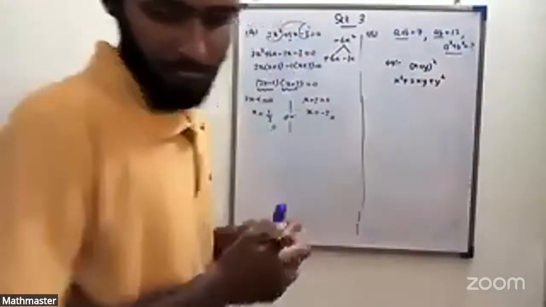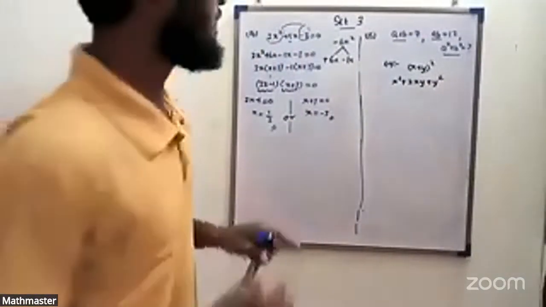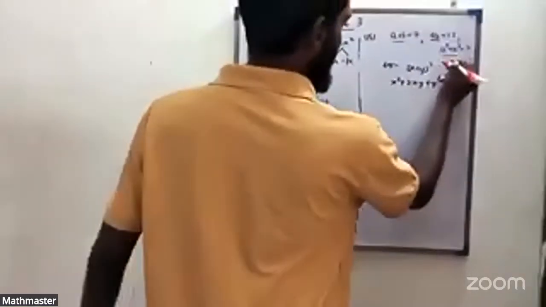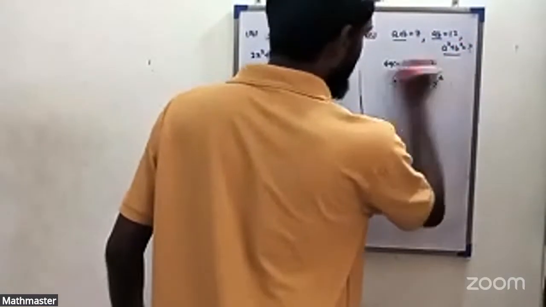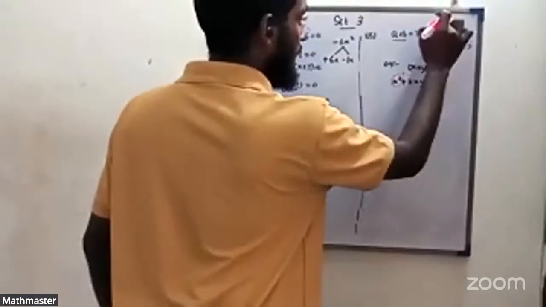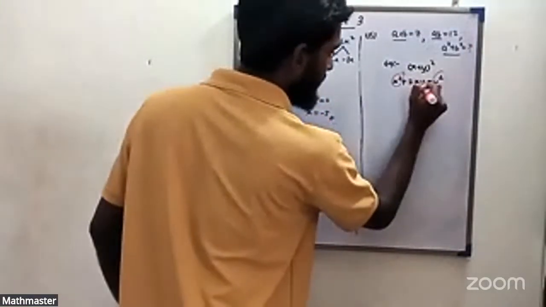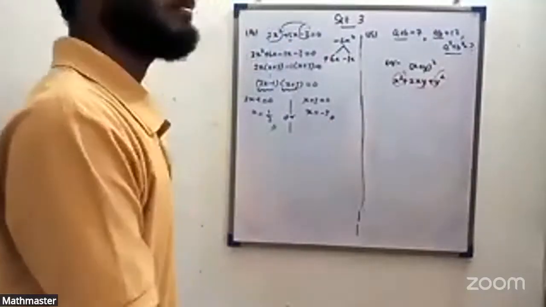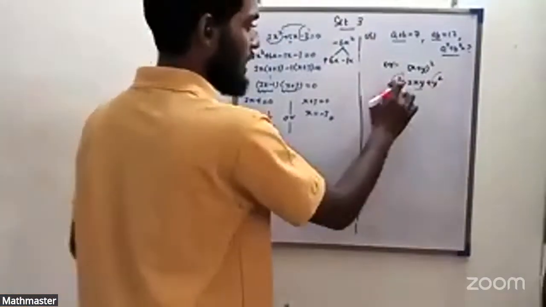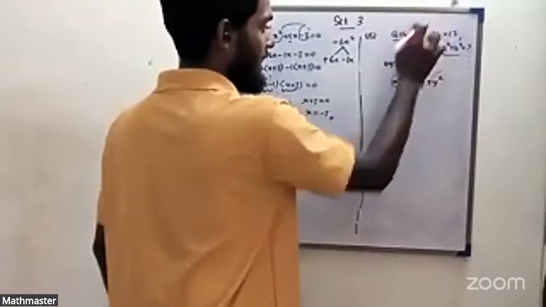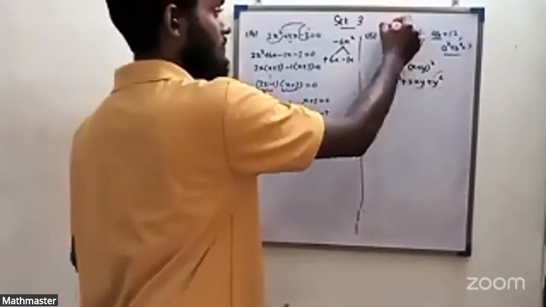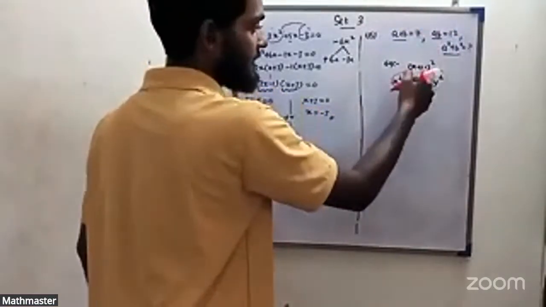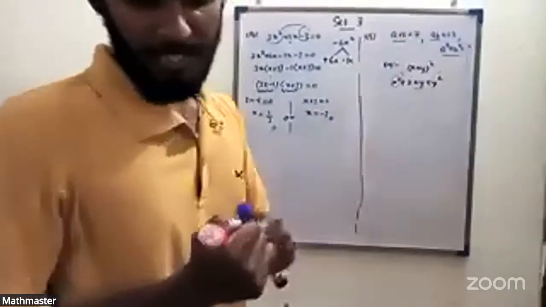Now carefully look. They ask for a squared and b squared, that is like x squared and y squared, which is also there in this. Then ab is like xy. So we have to make this a plus b like this. How do you make it like that?